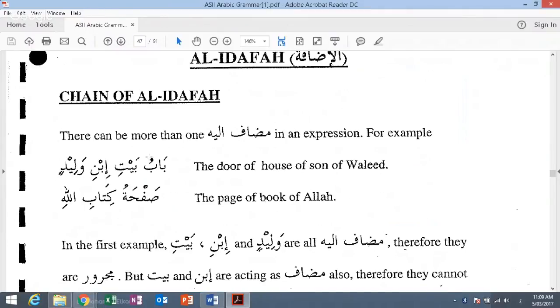The ruling is the same. Let's say the first one, here Babu, marfu is, that's fine. Baiti is mudaf ilayh, and mudaf ilayh is always majroor. Clear? Now here, because we are ascribing this Baiti to Ibni, Baiti is mudaf ilayh, but mudaf for Ibni.